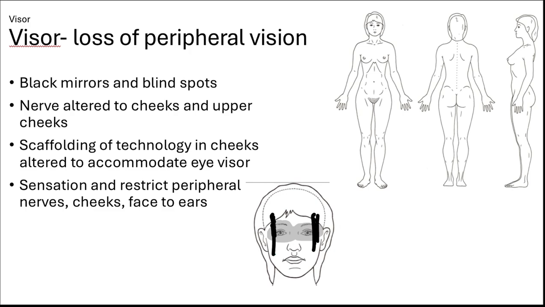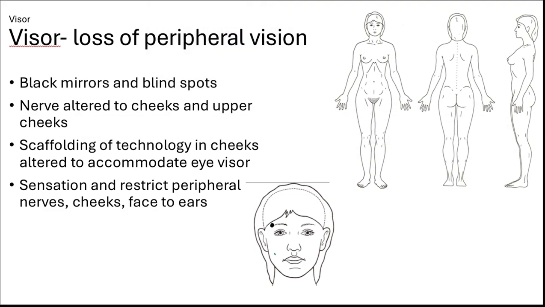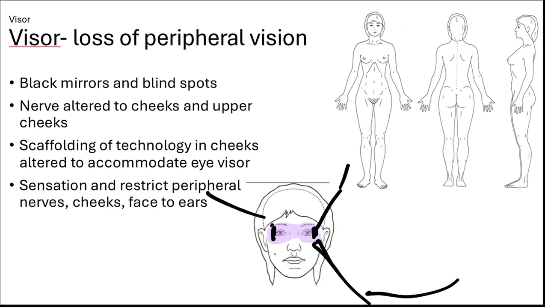This is an exaggeration, but it's about this big, and so it's blocked all of this visual information. It's also the black mirror spots, which are in the eyes. We've already discussed this.